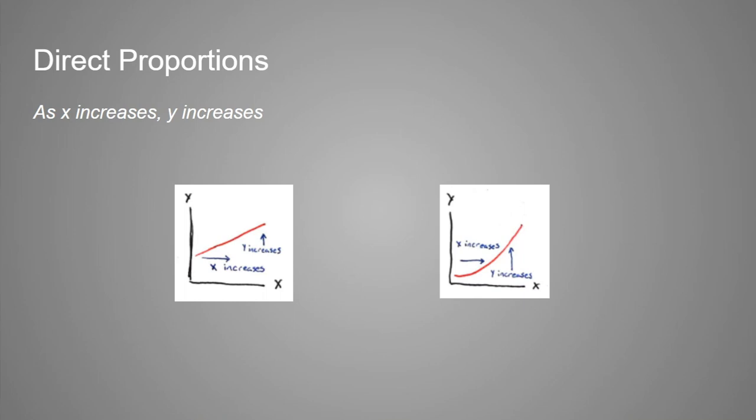X is still increasing, but y is increasing at a rate that is slightly different, but still consistent. Or that as x increases by 1, y is increasing by x squared.